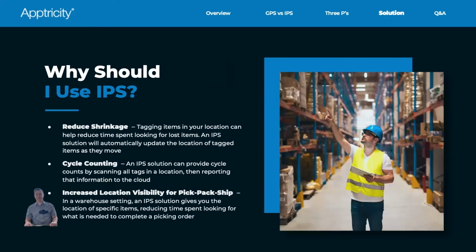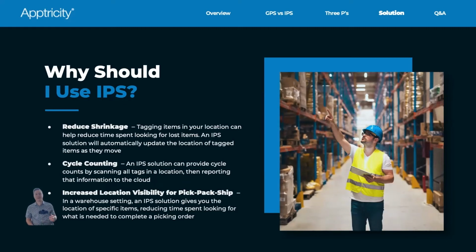But why would I want to use this? What are the benefits that really come from this system? We understand how it works. We understand the technology. Why would I use it? The main use case for this system is to reduce shrinkage. If you tag your items, you can reduce time spent looking for items because your system is automatically updating the location of your items as they move.